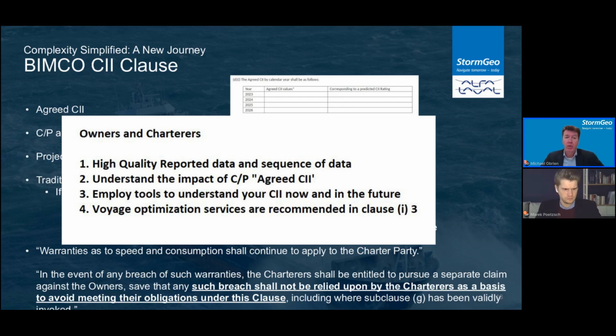And you'll want to employ tools to understand your CII now and in the future. And the process I described just a few moments ago, voyage optimization, is actually mentioned specifically in the BIMCO clause as a tool to help both owners and charterers reach the CII targets.